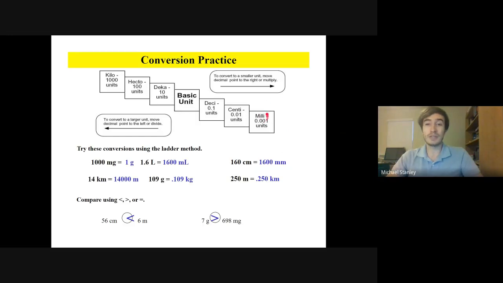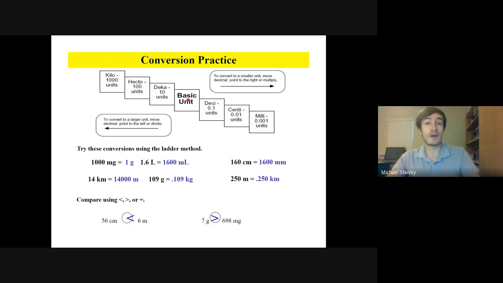So if milli is our starting and basic is our ending, then we have to go 1, 2, 3 jumps to the left, right? Milli is over here. Basic gram was to the left. So we did 1, 2, 3 jumps to the left to go from milli to basic.